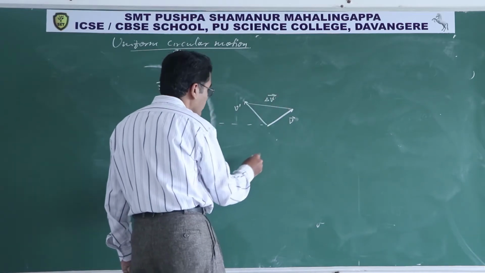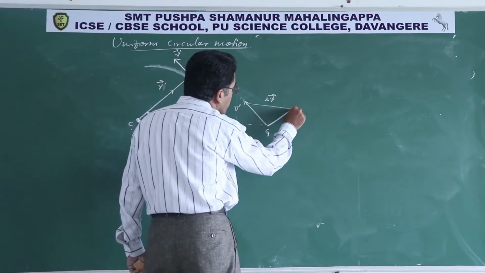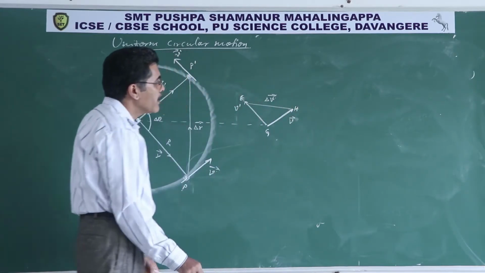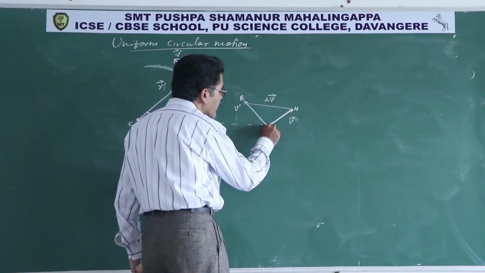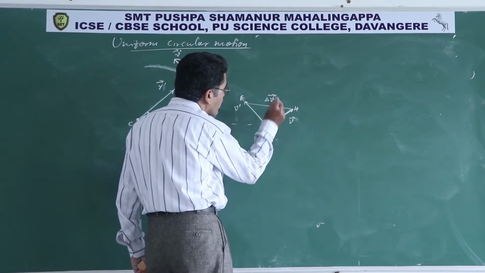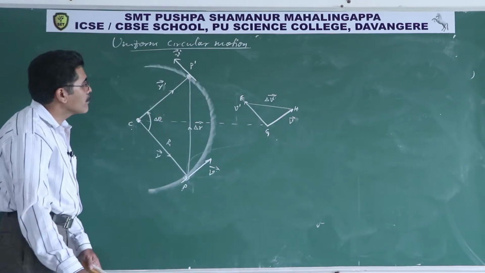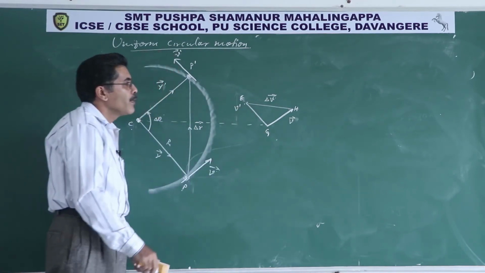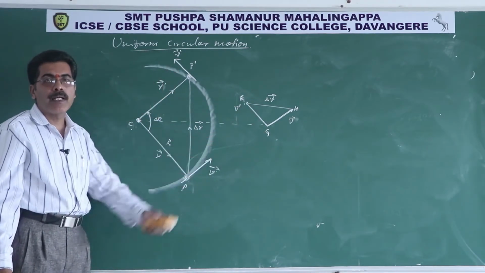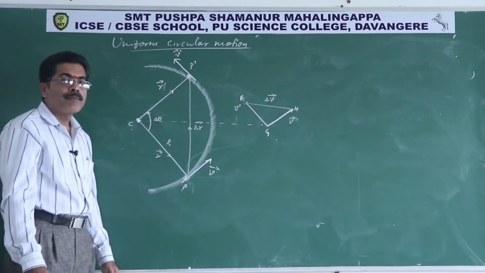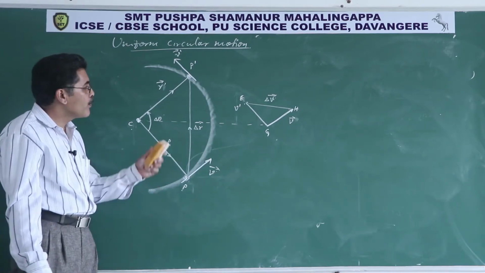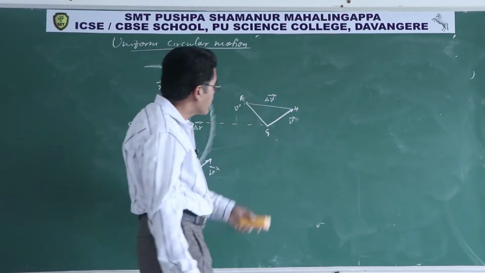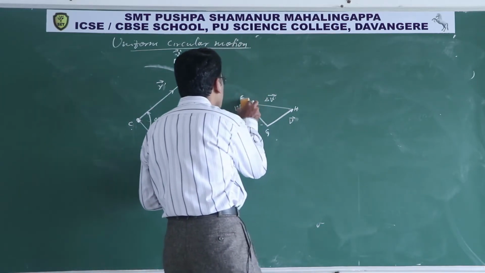I indicate this triangle by EGH. Now you just compare similar triangles. From similar triangles, consider triangle CPP dash and FGH, I just take it as FGH.